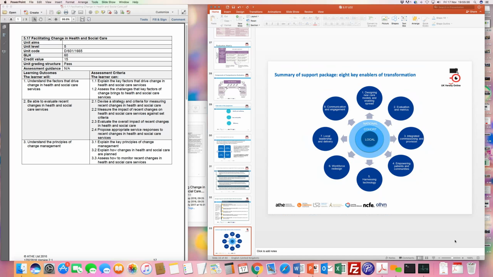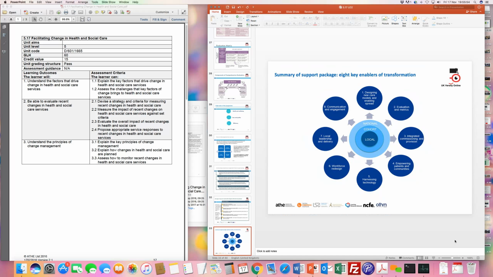So the focus is currently on designing new healthcare models, which have involvement at the local and national level, and there is a coherent synergy in working closely together, both at the local level and the national level.